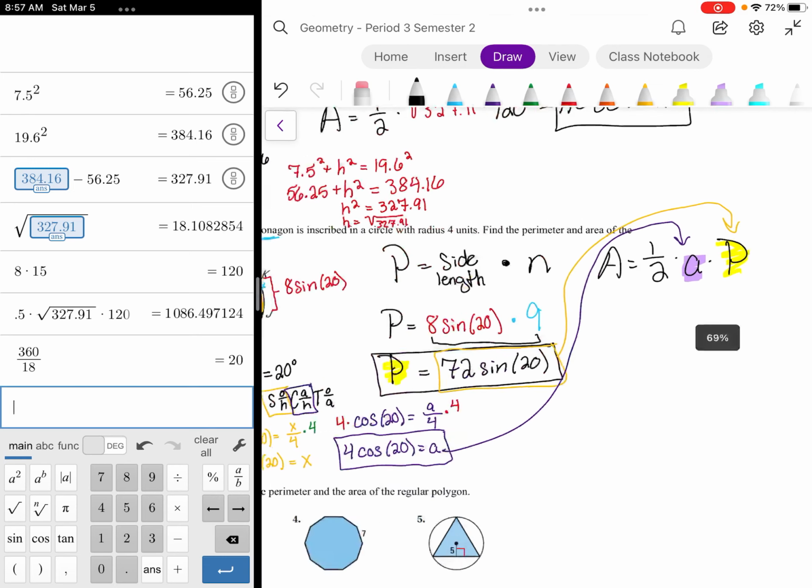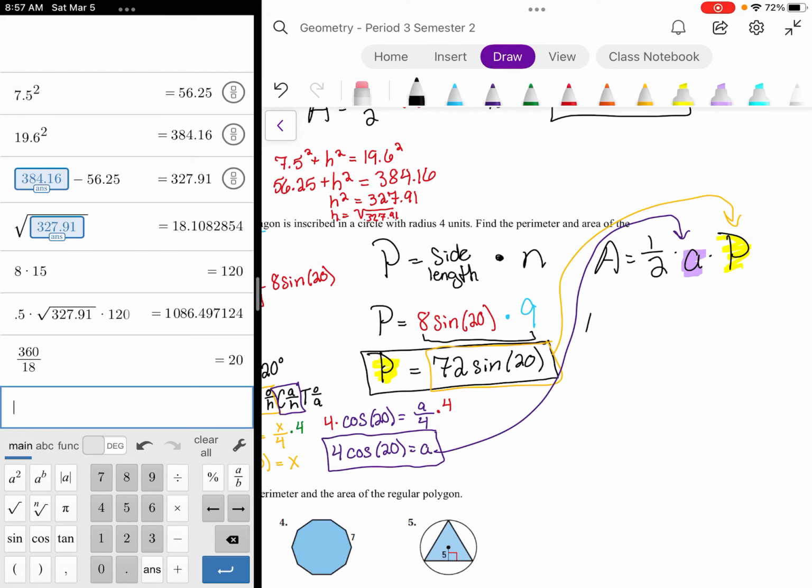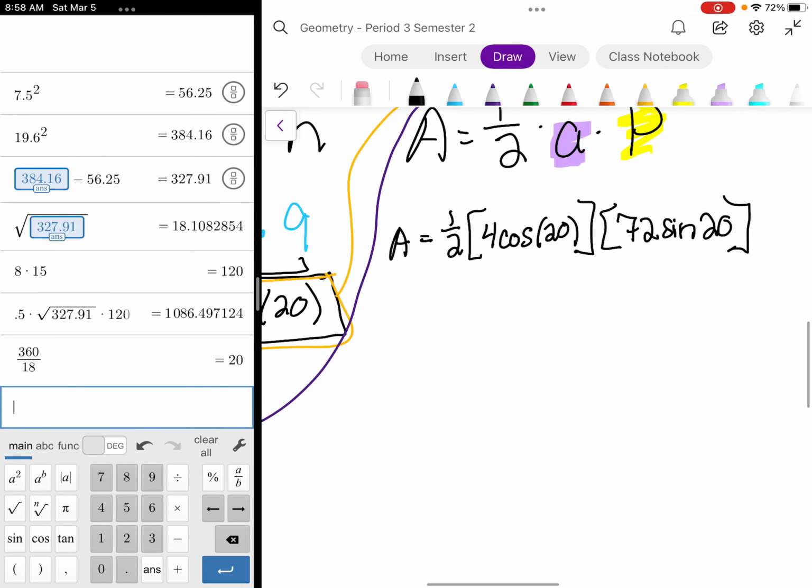Now that we have that, our equation for our area is going to be 1/2 times 4 cosine of 20 times the perimeter of 72 sine of 20. And the reason we're writing this all out is so our answer is as accurate as possible.